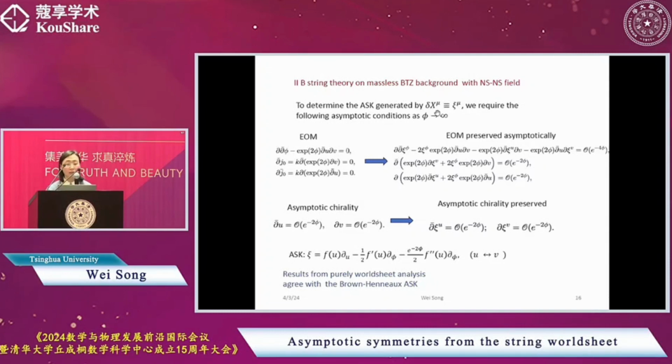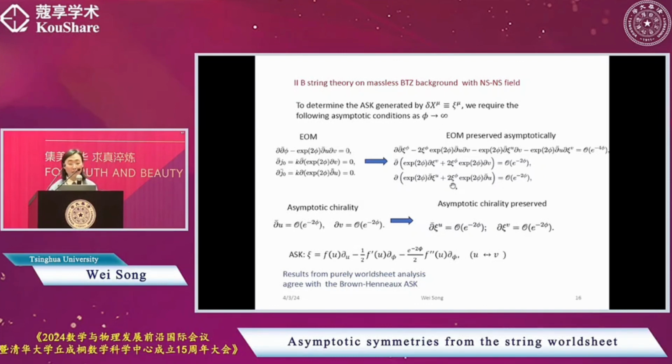Then the variation of the target spacetime coordinate will have to satisfy the equation of motion on the worldsheet in the sense that they fall off, the right-hand side is of order e to the minus 2 phi or e to the minus 4 phi. They vanish at the boundary. The boundary is taken at phi goes to infinity.